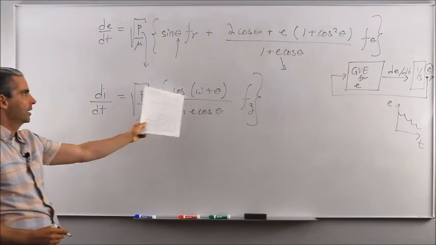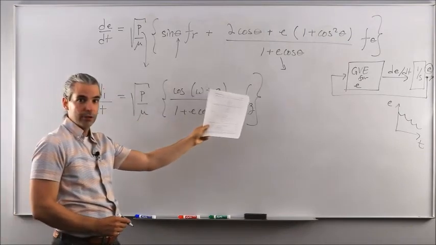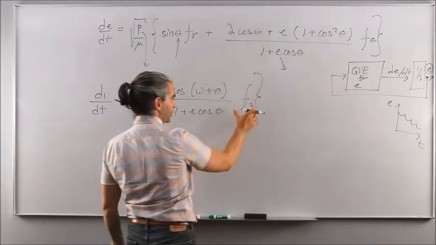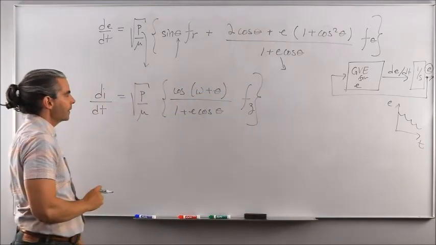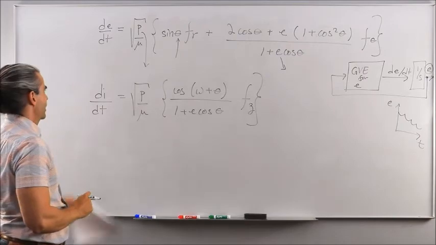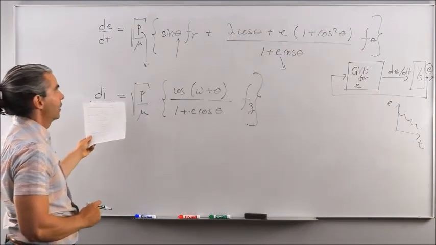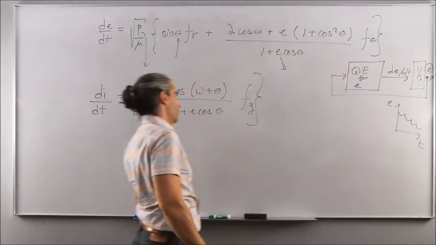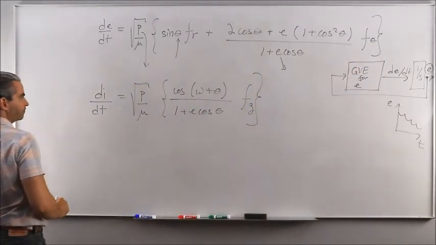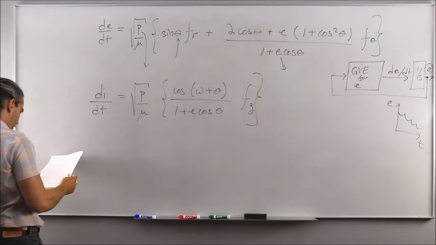So this is the first time that we see that the z component of the perturbing acceleration has an impact on an orbital element. Okay. Turns out that the inclination is not affected at all by the x and the y components of our perturbing acceleration. This is for i.